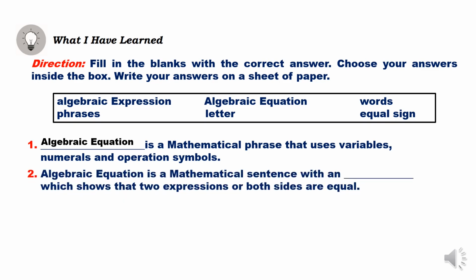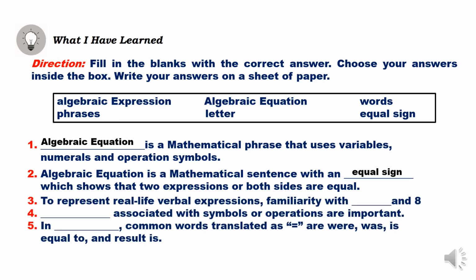Number 2, an algebraic equation is a mathematical sentence with a blank which shows that two expressions or both sides are equal. Try to answer numbers 3, 4, and 5.